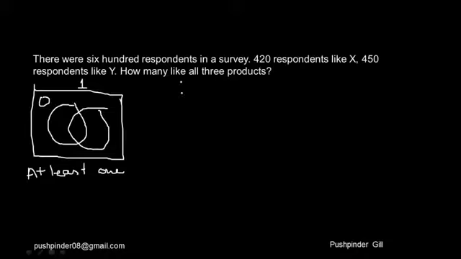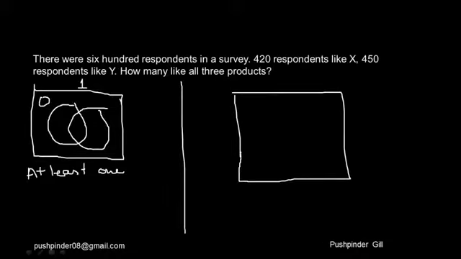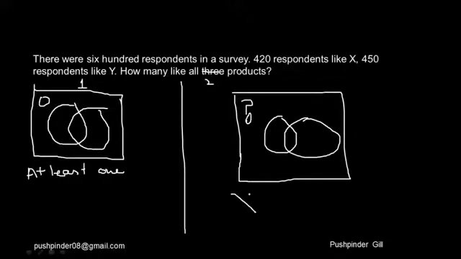Right? So this is scenario 1. But what if I don't give you this line? What if I say, okay, there are 600 respondents, 420 like this, 540 like this. How many like all 2 products? Right? So over here I do not know this value, because this line has been omitted from this question. So if I do not know this value, I will not be able to answer the question.